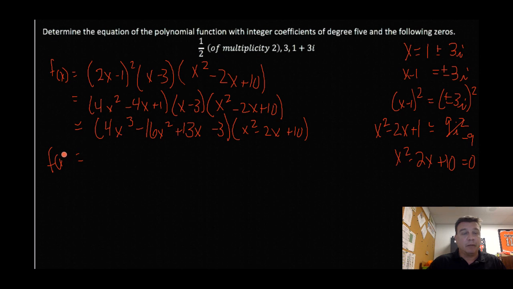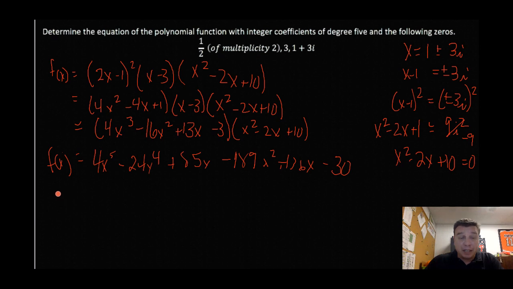So f of x equals 4x to the fifth, which makes sense because this is a fifth degree polynomial, minus 24x to the fourth, plus 85x cubed, minus 189x squared, plus 136x, minus 30.